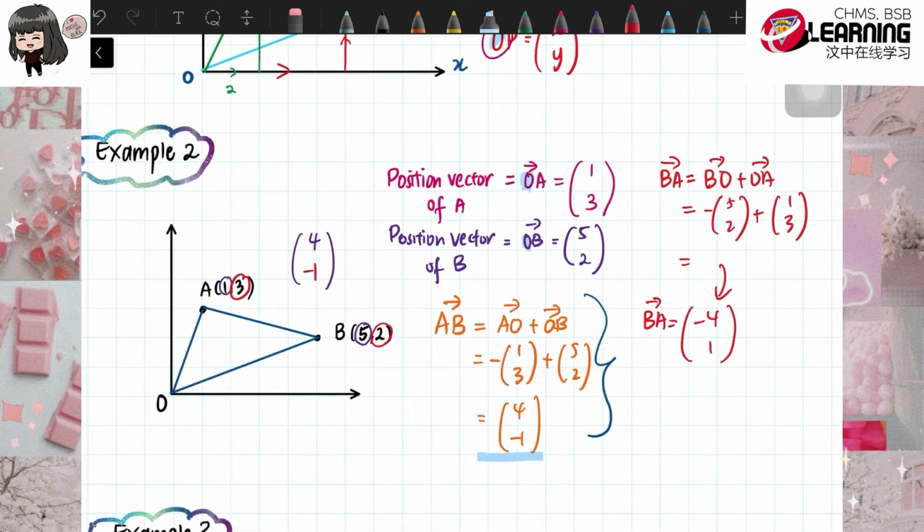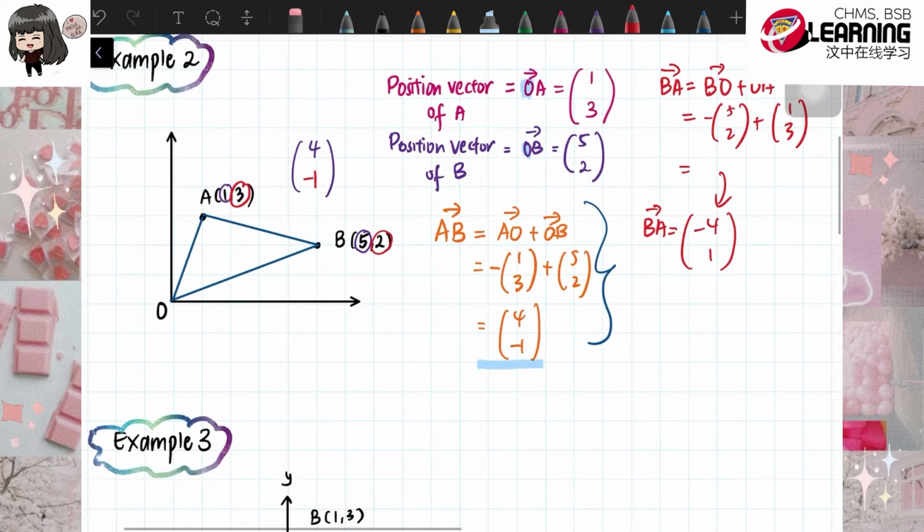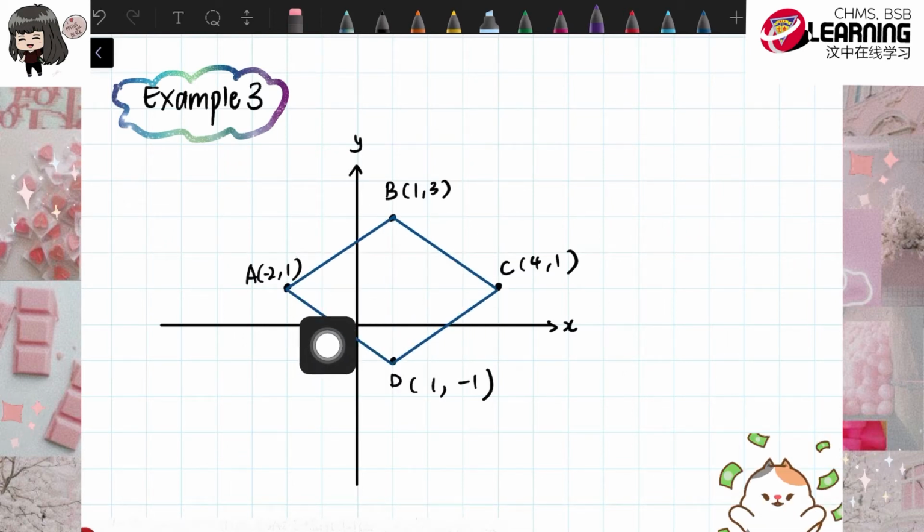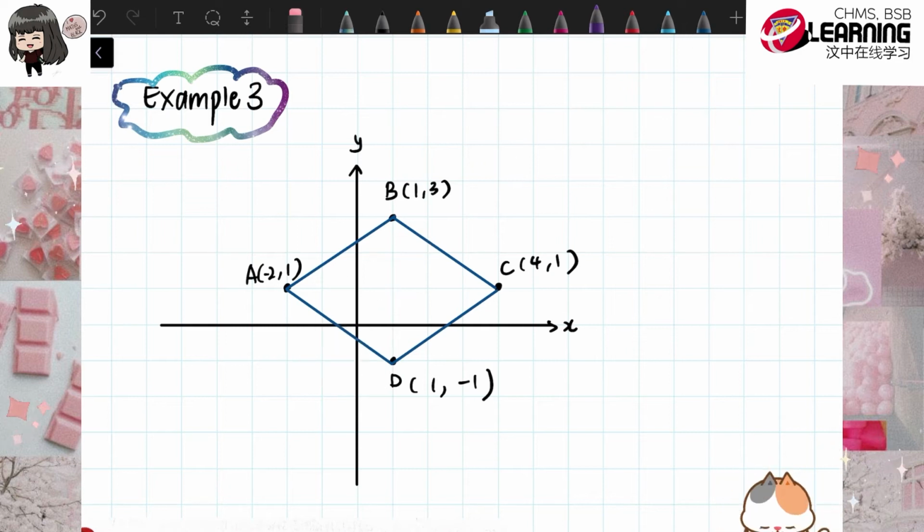Now we proceed to our next example, example 3. Now we have a parallelogram, ABCD is a parallelogram. I draw it out here so that you can visualize it better. If we have a parallelogram, we have 2 pairs of parallel lines.